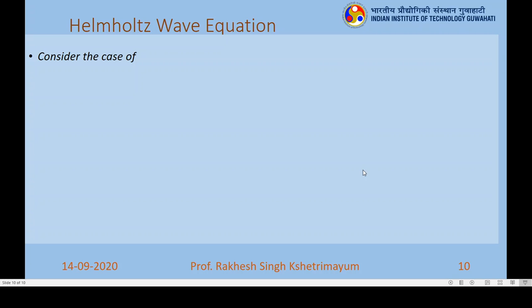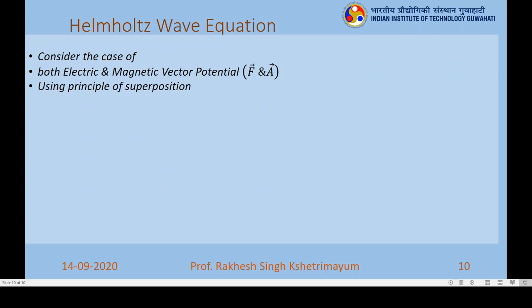So now consider the case when both electric current density and magnetic current density are existing. So we will have both electric and magnetic vector potential, both F and A will be there. And we also want to consider the case when there is a source free region. Wave propagation in free space is one particular example of that.